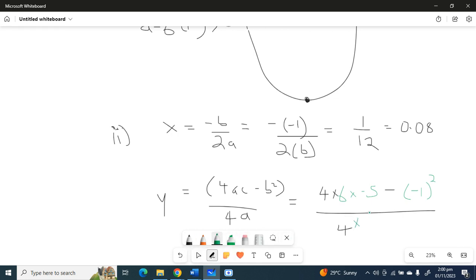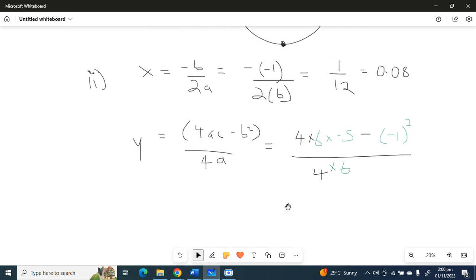Okay, let's tabulate this. 4 times 6 times negative 5, that's negative 30. Negative 30 times 4, that's negative 120. Negative 1 to the power 2 is 1. So we'll say negative 120 minus 1 divided by 24.